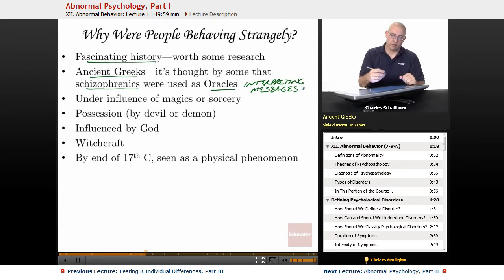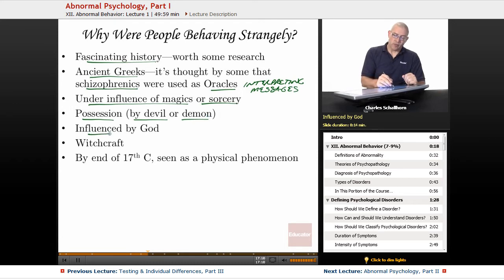For a long time, we thought that people were under the influence of magics or sorcery. And so the whole idea of wizards and magic, while it's fun with Harry Potter, what if it's your real life that you think that this is occurring? To this day, people still believe in possession by a demon or by the devil.